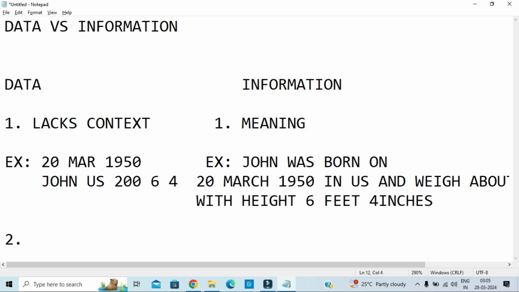So this has got meaning and context. This is why the first one is called data.